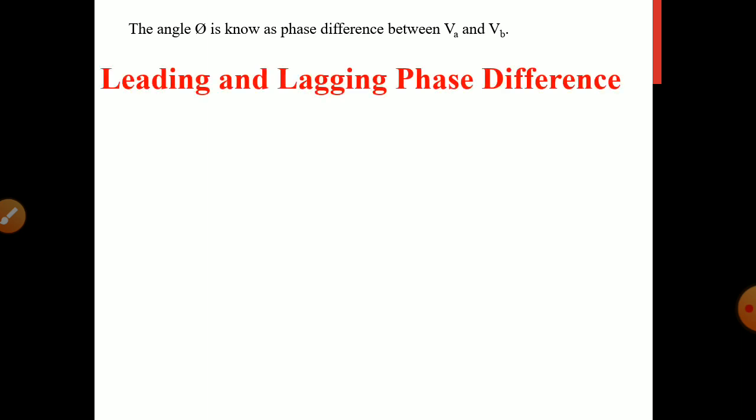Angle phi is nothing but the phase difference between VA and VB. With reference to two signals, we will be referring to one as the reference voltage and the other as the leading or lagging one. First we'll see what is leading phase difference.